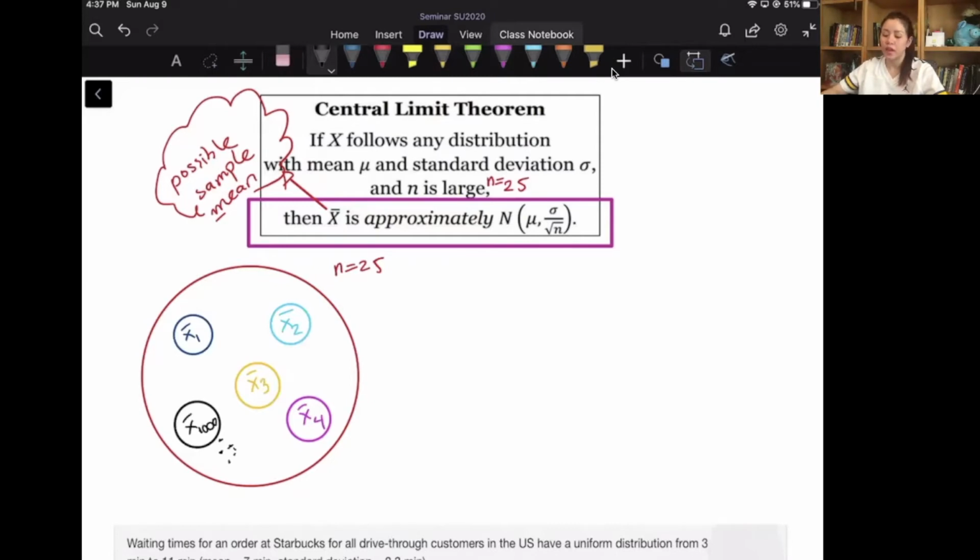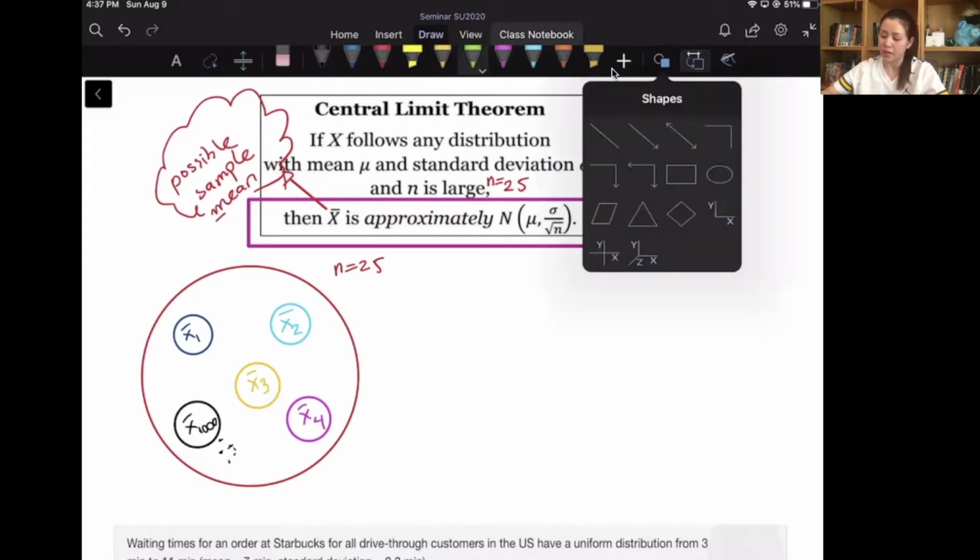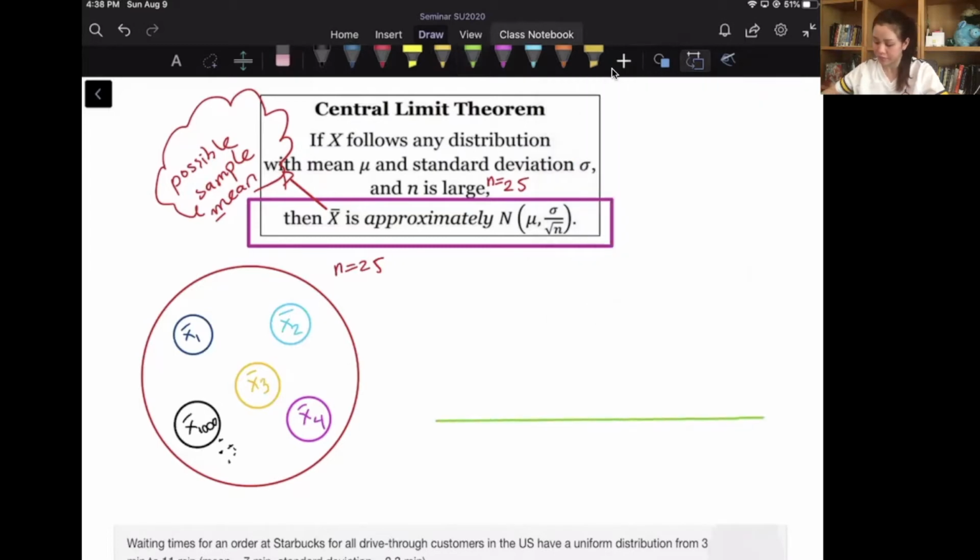Next, I'm going to plot the averages on a number line. Imagine I have a number line. Maybe the average of sample 1, in blue there, is here. The average of sample 2 maybe is here.